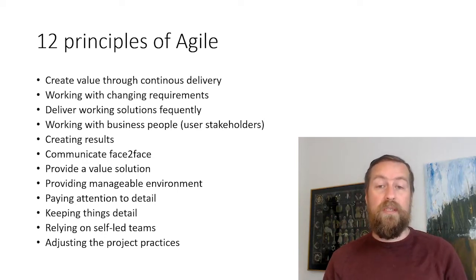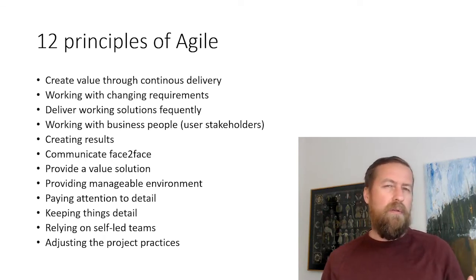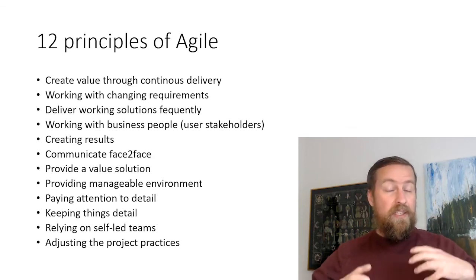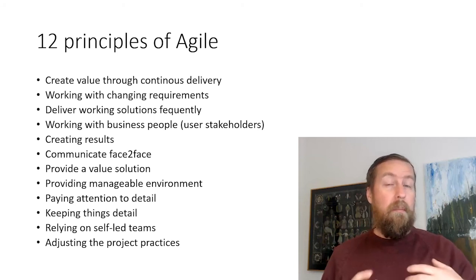It focuses on creating results, face-to-face communication, and that's one of the key things. We do have a lot more stakeholder communication in an Agile process to make sure we are on track towards our final goal.